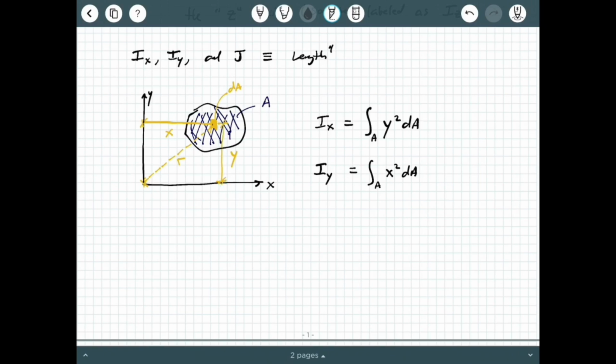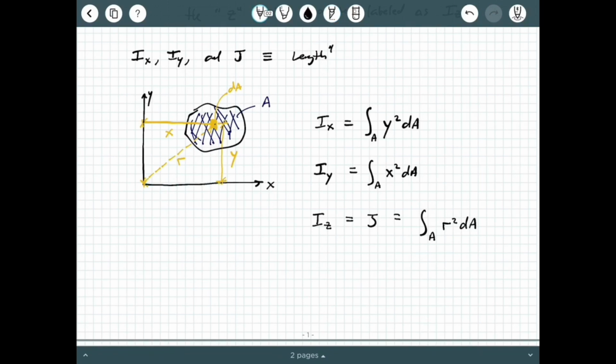And then similarly, our polar moment of inertia, which we sometimes call I sub z, but I'm calling J, is equal to the integral over the area of the radius, this radial distance, squared dA. Now if you notice, this little radial distance forms kind of a hypotenuse with a y component and an x component.